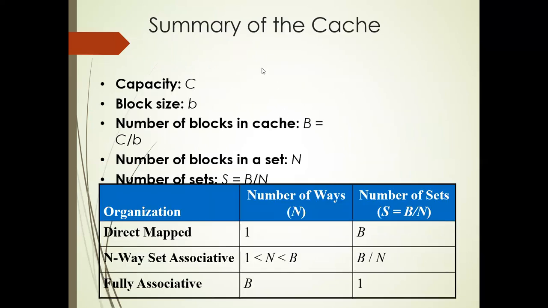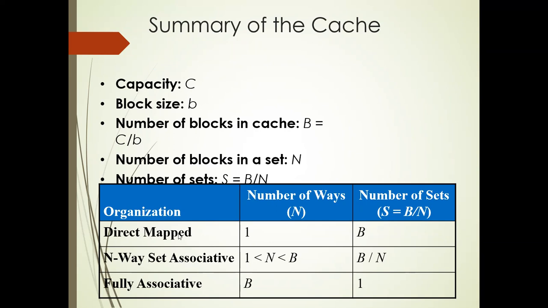Now the summary of the cache. The cache will have a capacity C, a block size b, a number of blocks B, and also a number of sets S, and the relation between all of them will be S equals B divided by N. So this table summarizes the features of the cache.